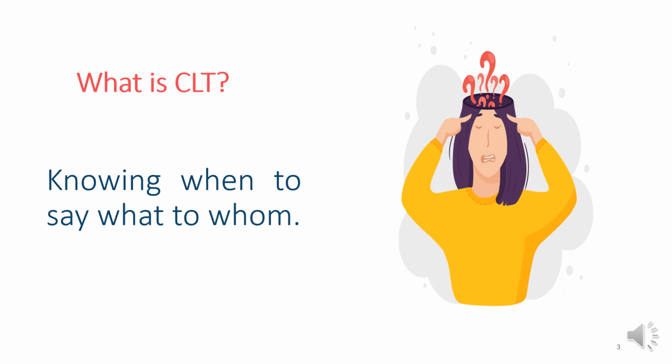So, in short, CLT, or communicative language teaching, means knowing when to say what to whom. Or let us say in scientific words, applying the theoretical perspective of the communicative approach aims broadly to make communicative competence the goal of language teaching.